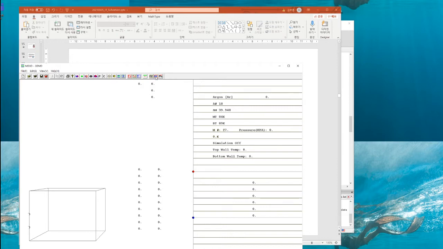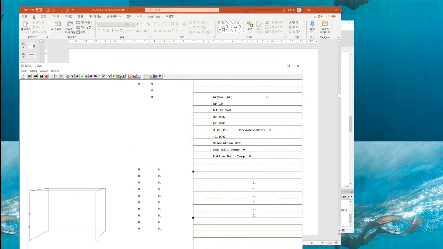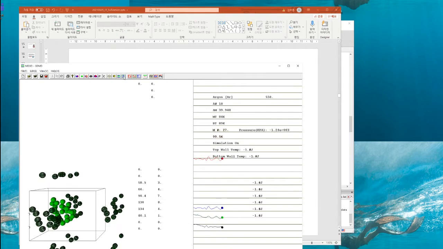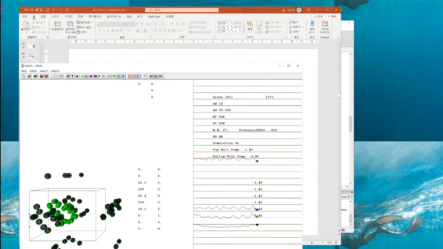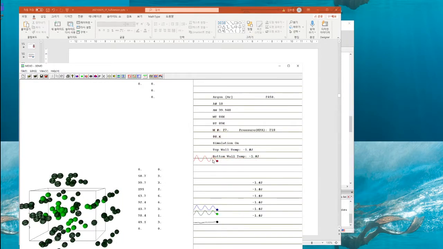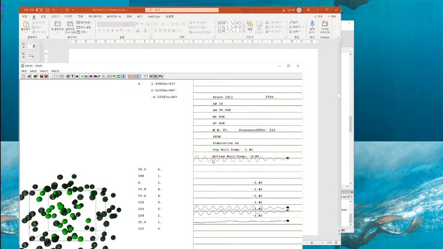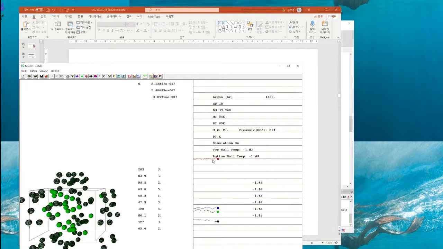Initial condition and the Boltzmann distribution with the Nose-Hoover, and if I run that, this is how the Nose-Hoover thermostat controls the temperature. You see, the temperature fluctuates around 100 Kelvin, but with a lot of fluctuation. But in this way, we can maintain the Gaussian distribution of the system.